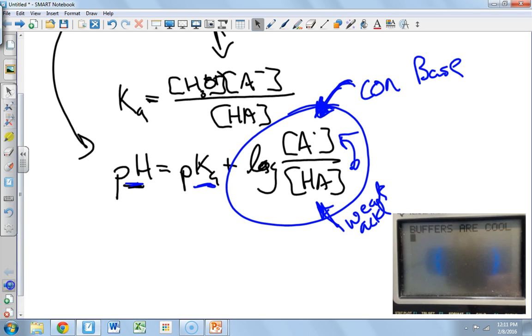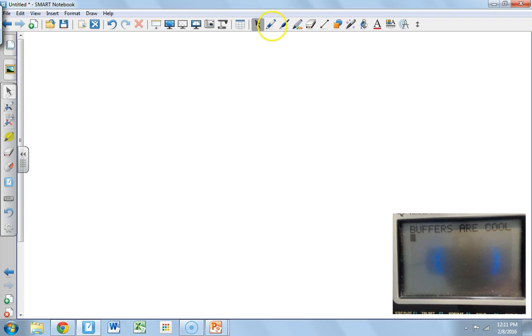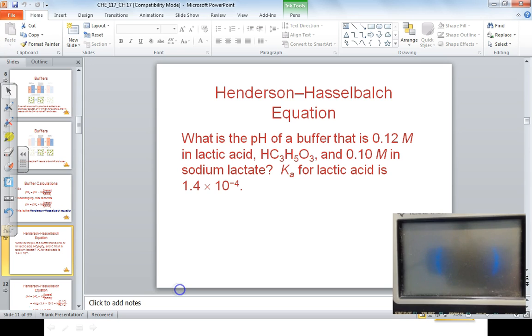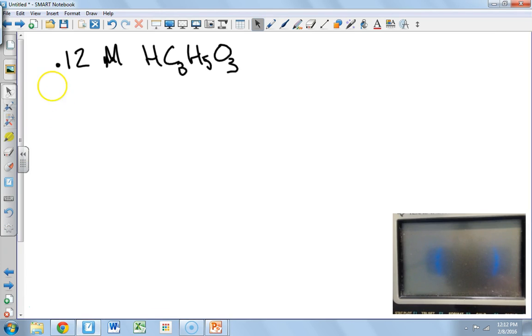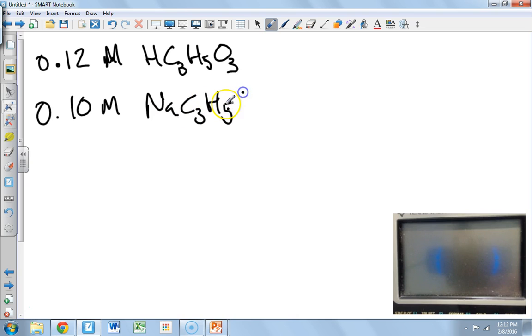So let me clear this off, and this is an example problem. We have 0.12 molar HC3H5O3, and then 0.10 molar sodium lactate, NaC3H5O3.